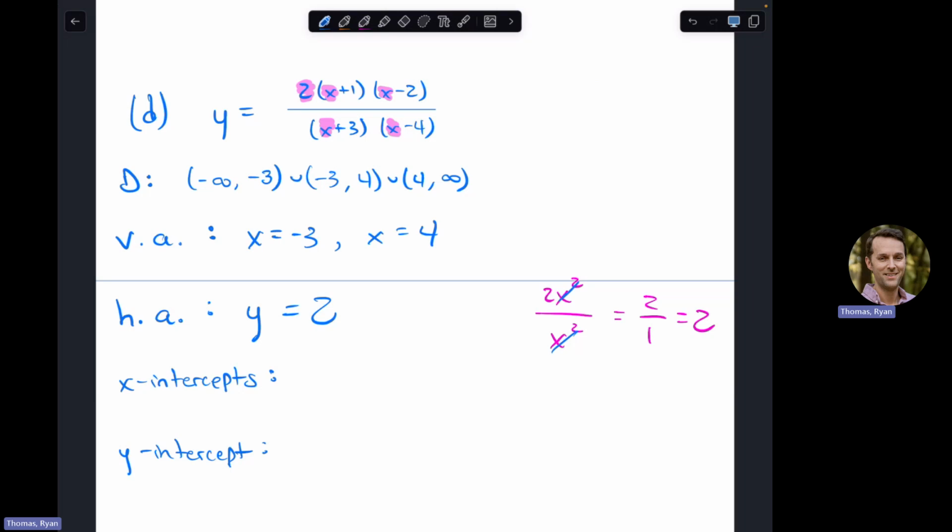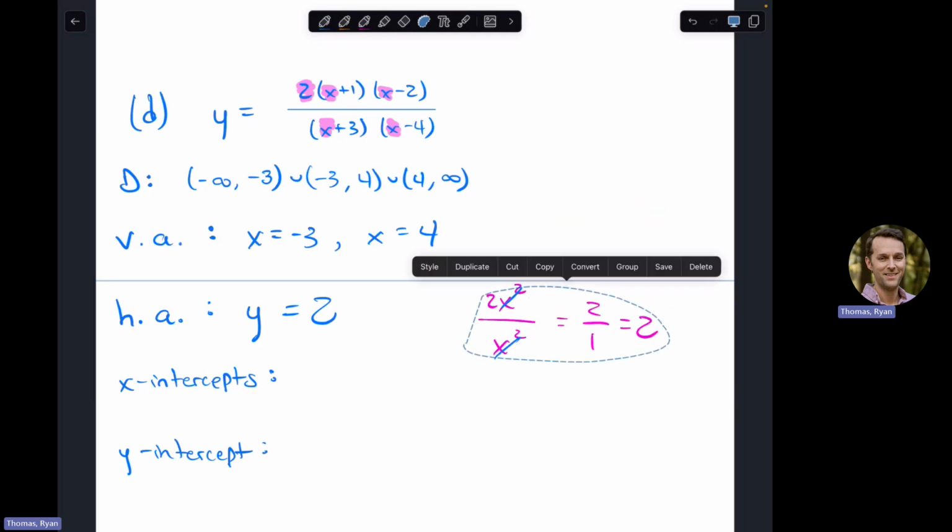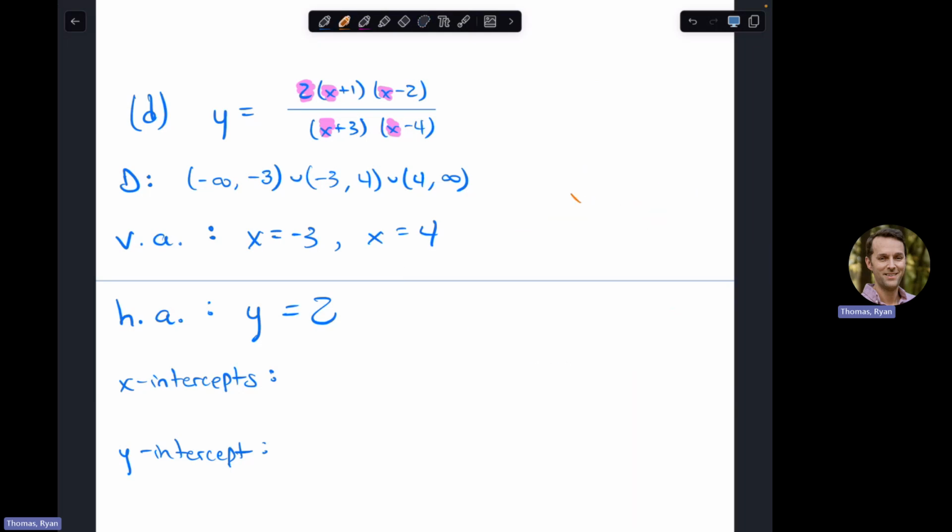Okay, x-intercepts. Take the whole thing, set it equal to 0.